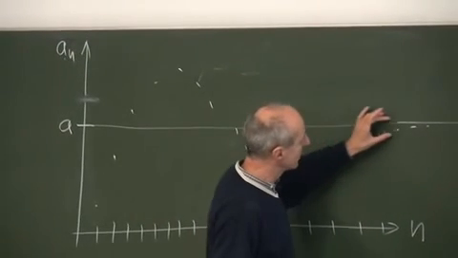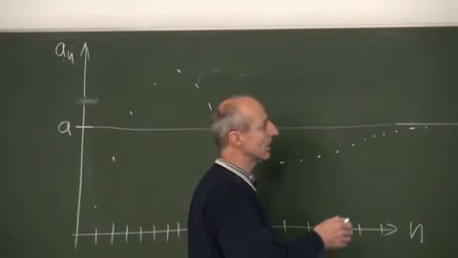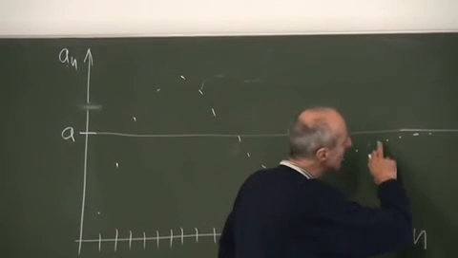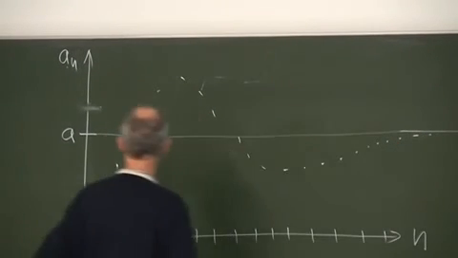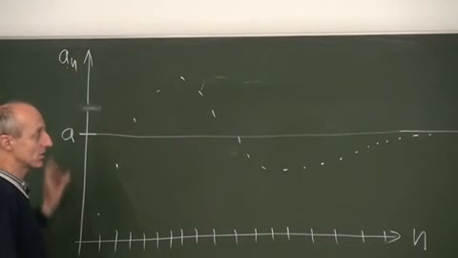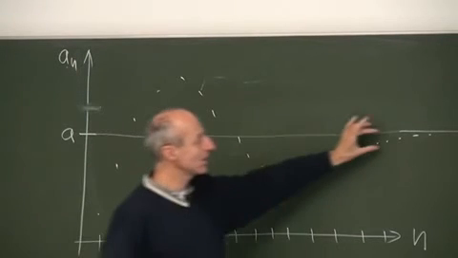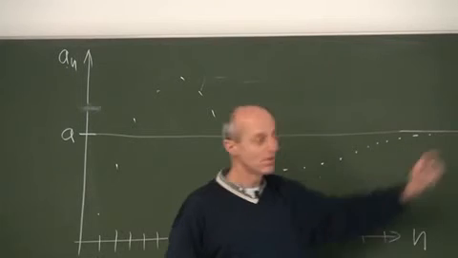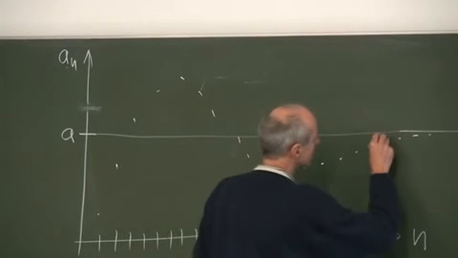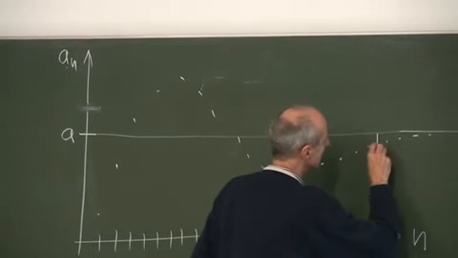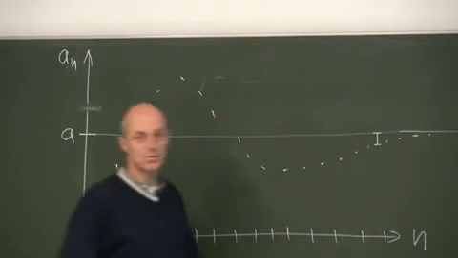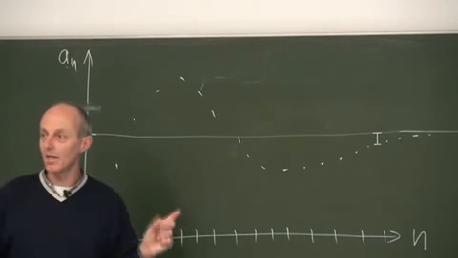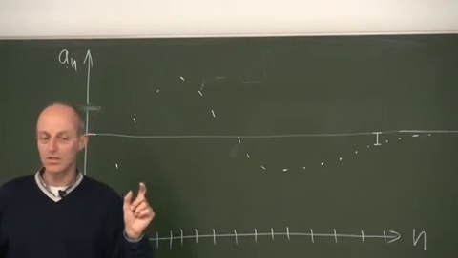So now, look at this picture again. We want to say something like: these values on this axis are getting closer and closer to our limit A. And getting closer and closer more or less means the distance between my a_n and A is getting smaller and smaller.